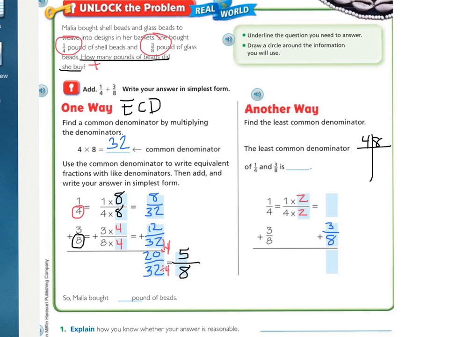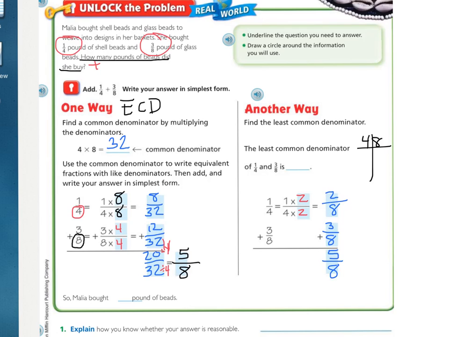And so then I just multiply straight across. 1 times 2 is 2. 4 times 2 equals 8. Now we have the same denominator. We bring our 8 down, and we add our numerators, 2 plus 3, and that gives me 5.